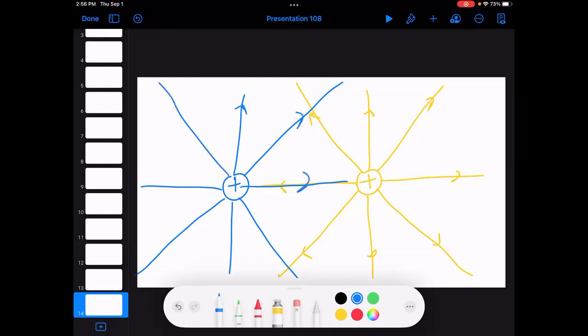Okay. But now looking at these arrows, right in between the two charges, right in the center, what's happening to those fields? Yeah, they're repelled, they're canceling out.